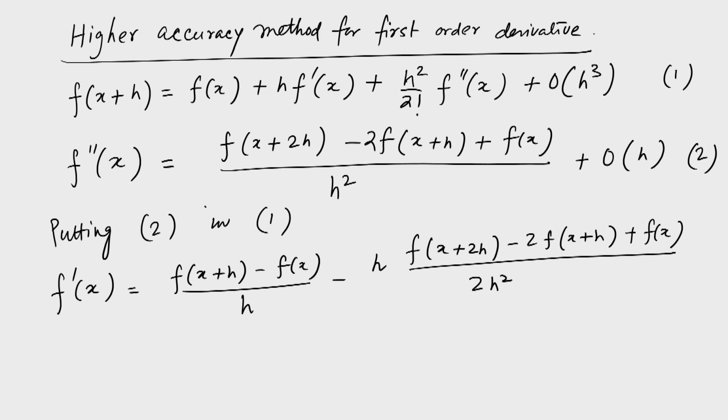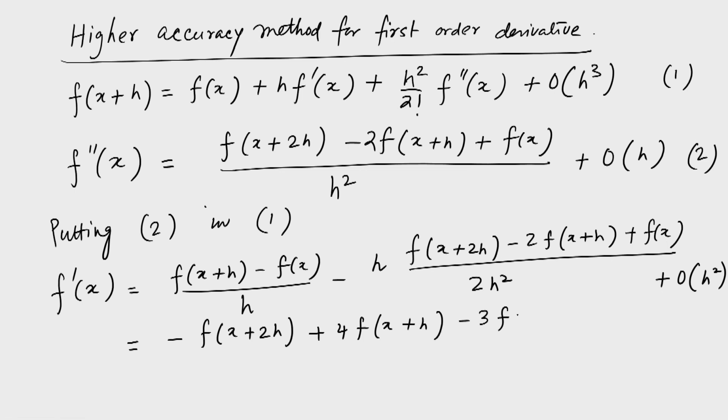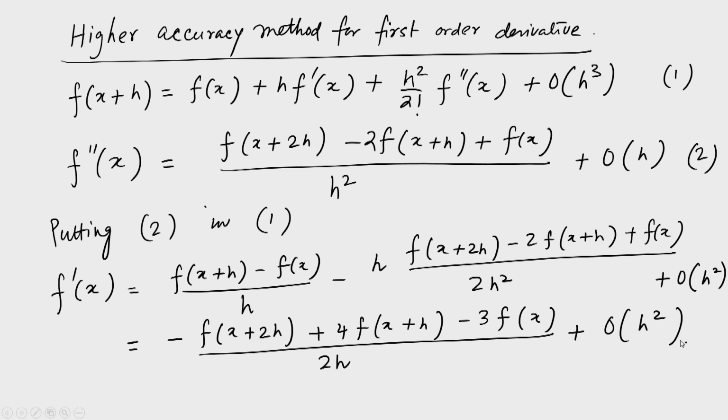What we are leaving out is of the order of h square. If you simplify this, it becomes f of x plus 2h, 4 f of x plus h, minus 3 f of x, divided by 2h, plus a term of the order of h square.